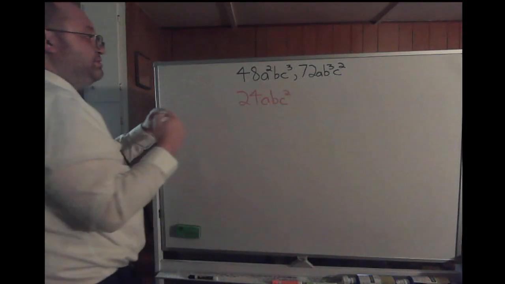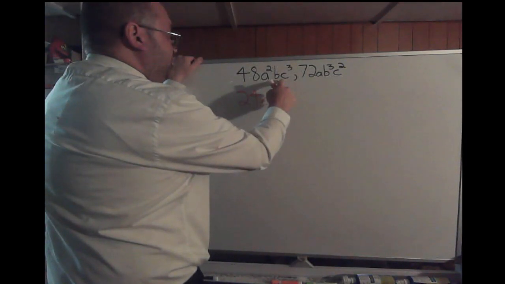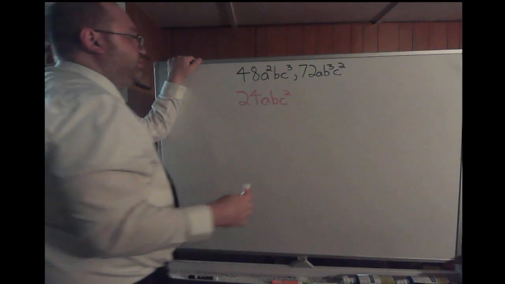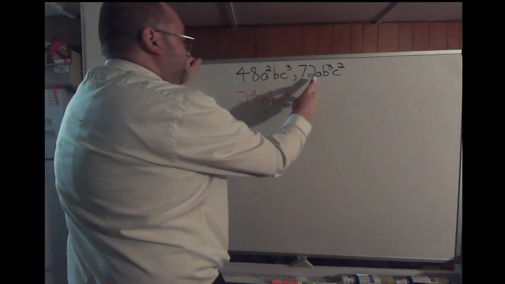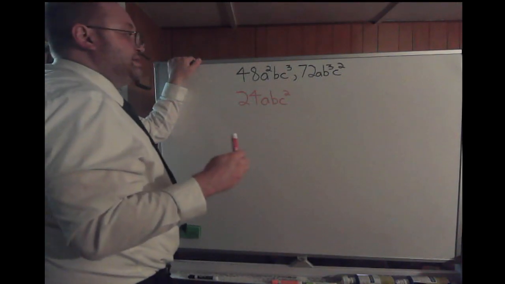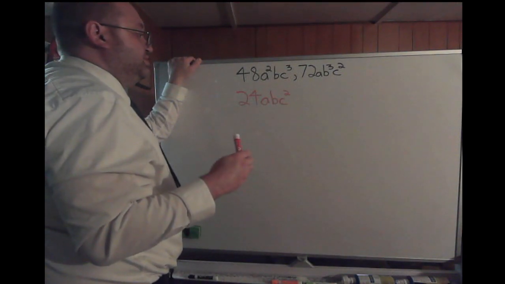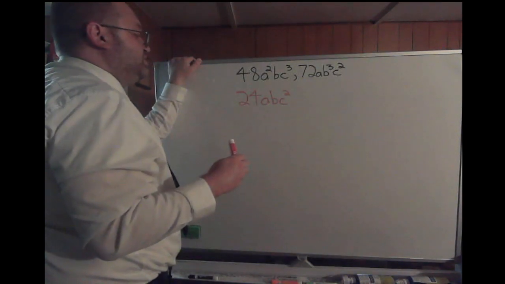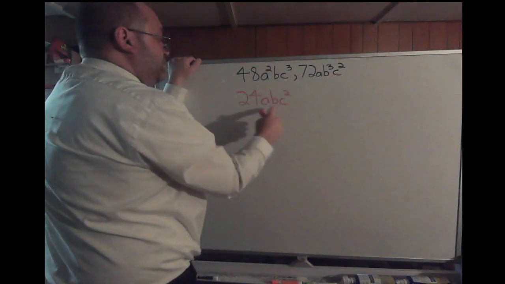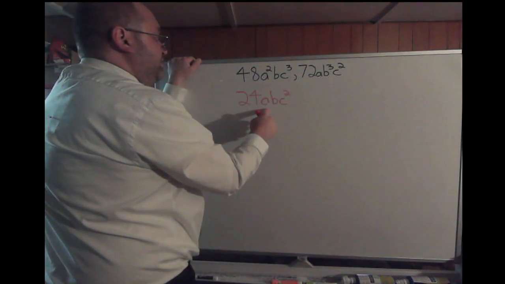So basically with the variables, whichever one has the lower power of that variable, that's your greatest common factor of the variables. So for the first one, between a squared and a, the a is lower, so that's your greatest common factor of a.